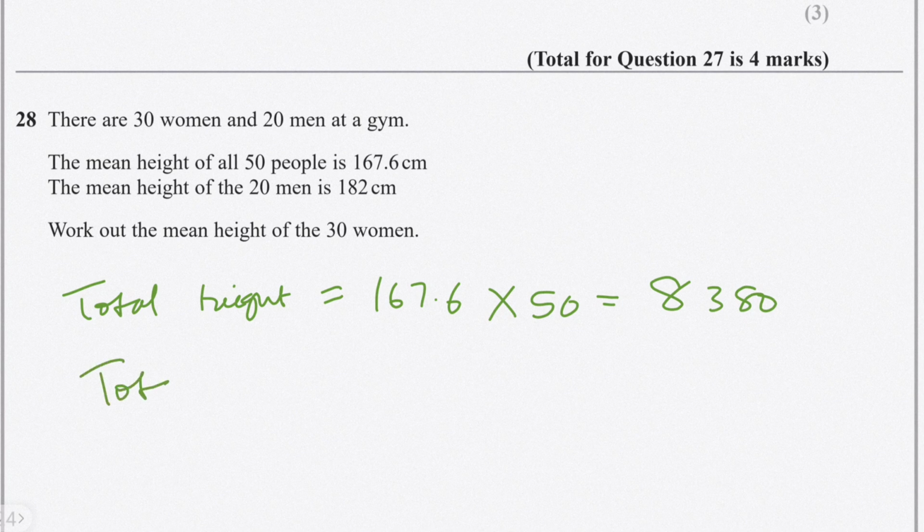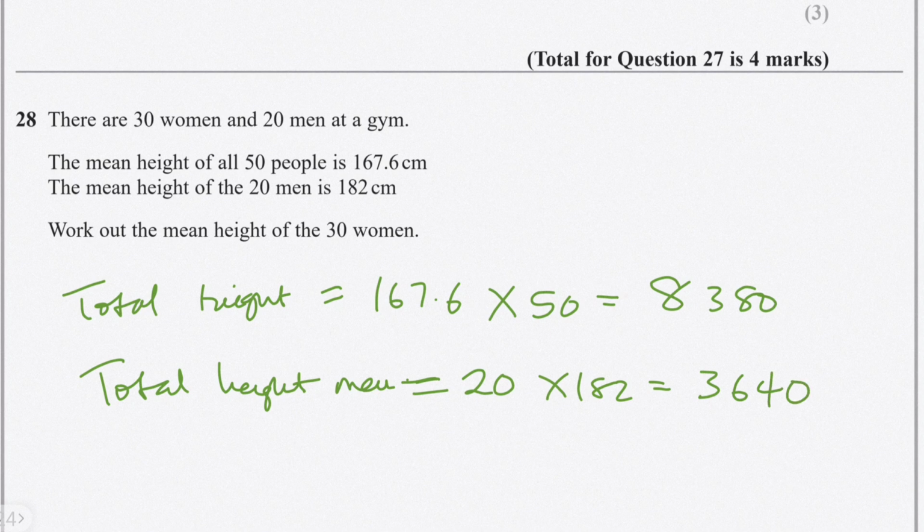The mean height of all men is 182. So the total height of men is 20 times 182, which equals 3,640.